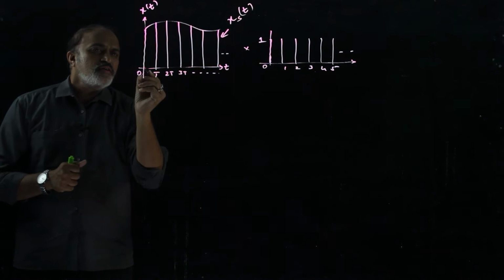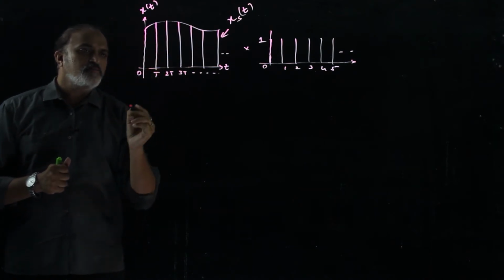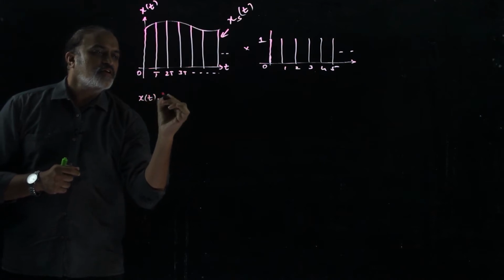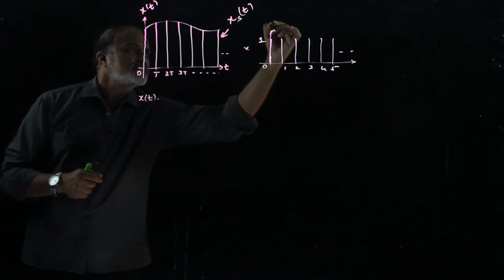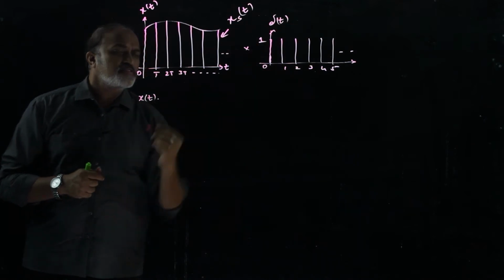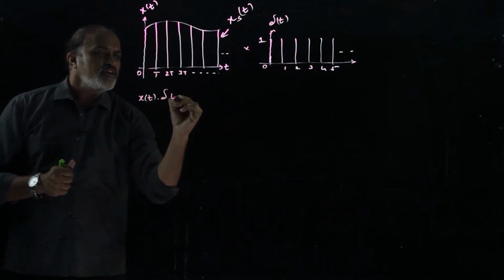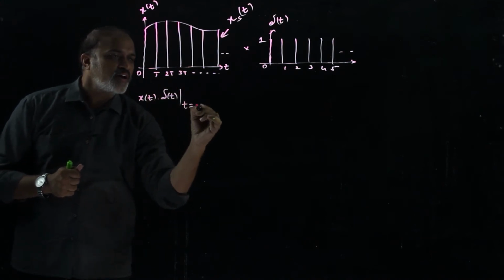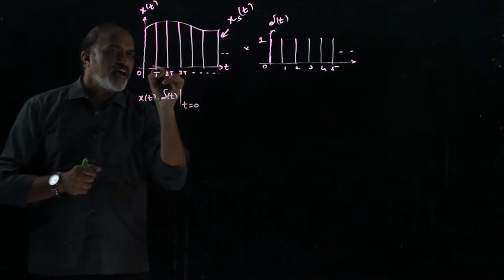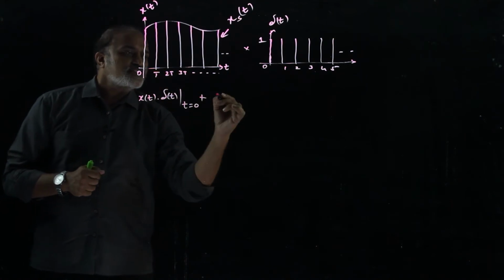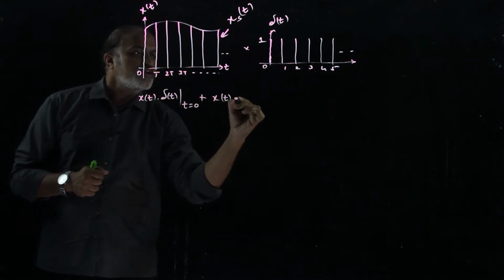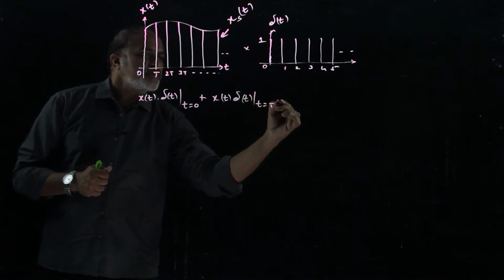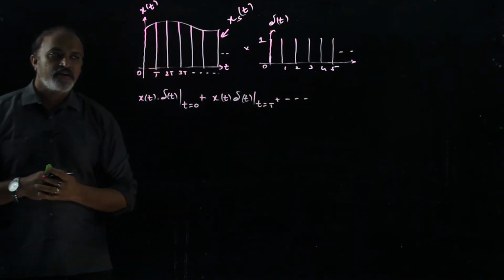The first sample can be represented as x of t into delta of t, the impulse function, at t equals 0, plus x of t into delta of t at t equals capital T, and so on up to infinite terms we can write.